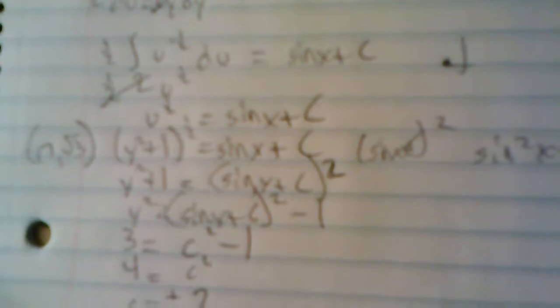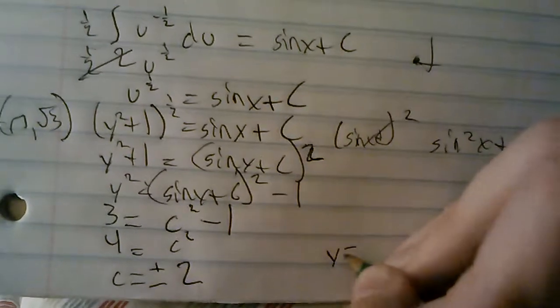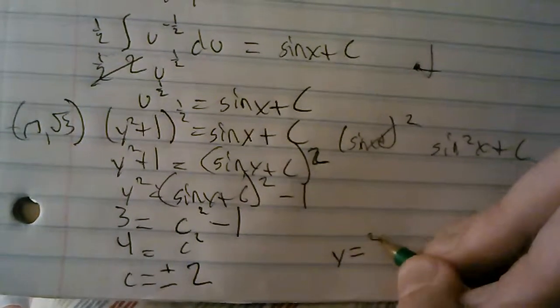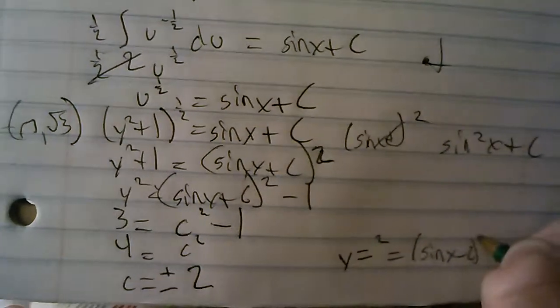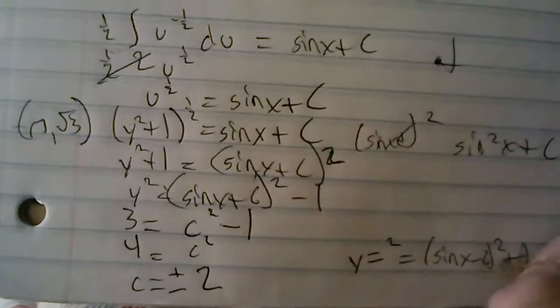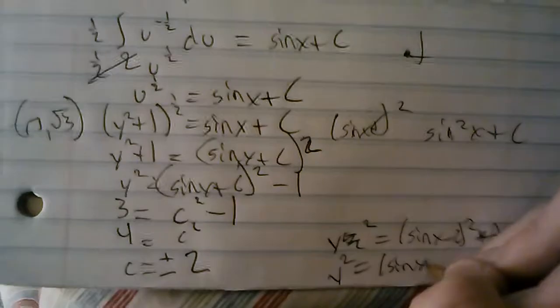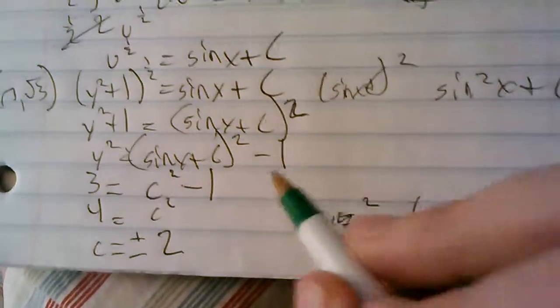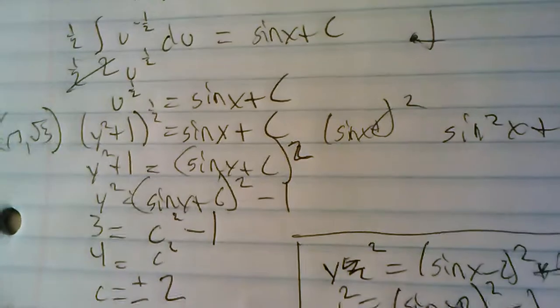There's actually two equations for this one, because you could have y squared equals sine of x minus 2, squared, minus 1. And you get y squared equals sine of x plus 2, squared, minus 1.